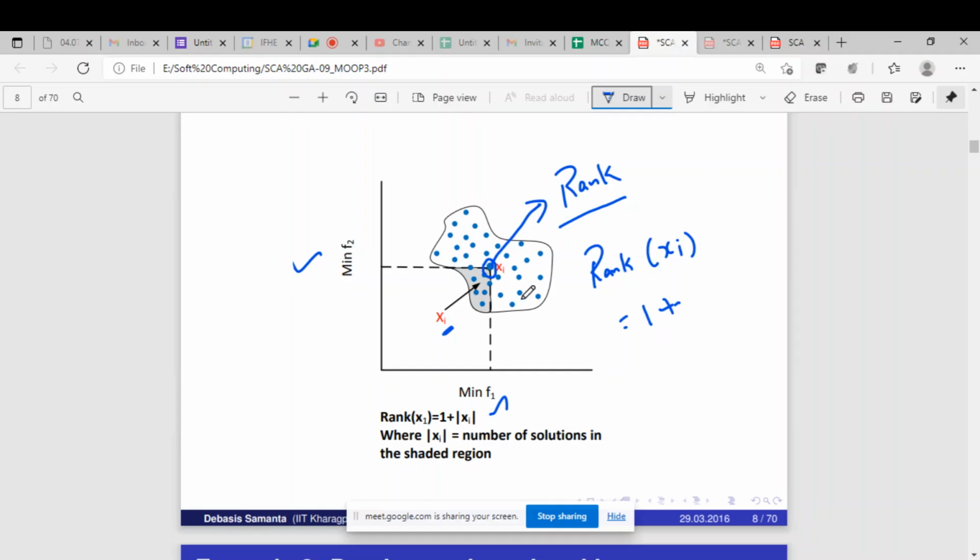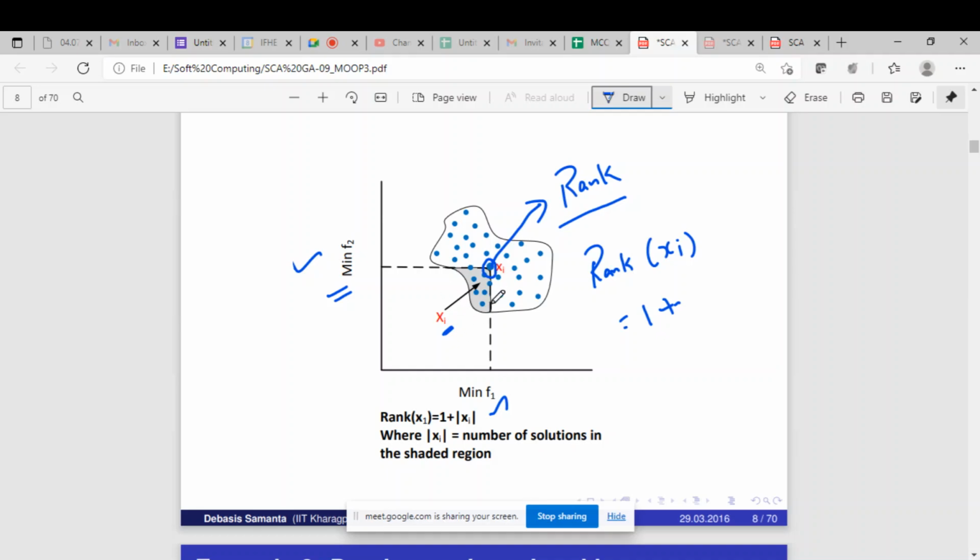Here, which region is dominating xi? This is a minimization problem; we want to minimize both. The unshaded region is not dominating xi; this shaded region is dominating xi. So in this shaded region, how many individuals should we count?